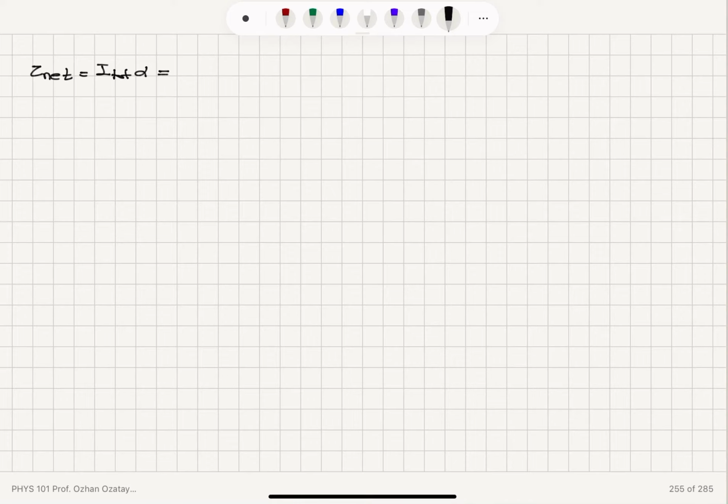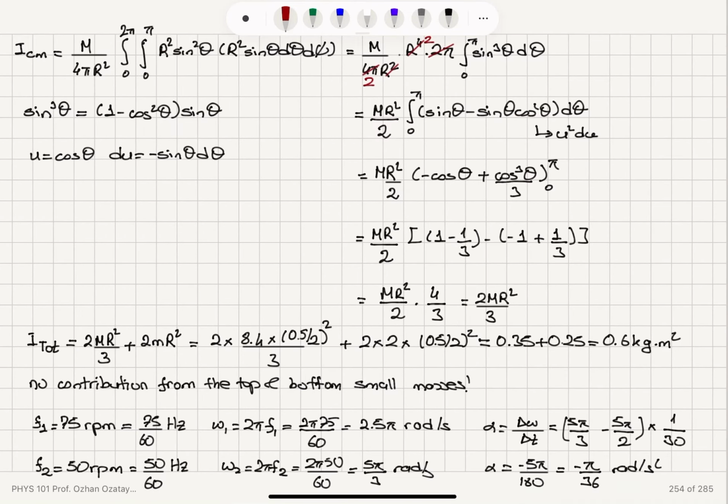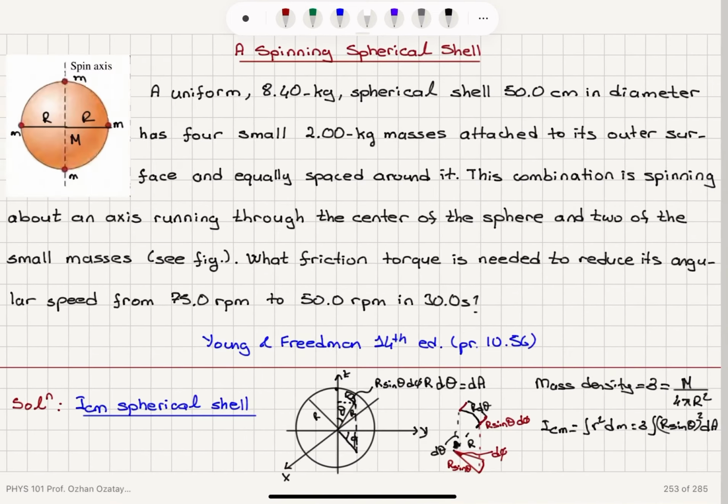So we will have minus 0.6 times pi over 36, which is minus pi over 60, which is minus 0.0523 Newton meters. The minus sign indicates that we are basically slowing down. So this is not an angular acceleration, it's angular deceleration. That's what it means basically.